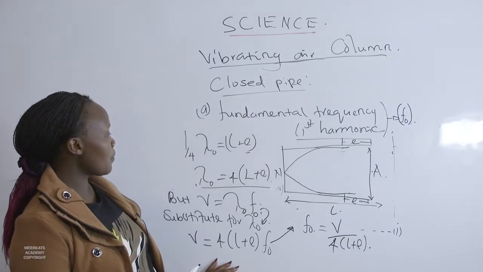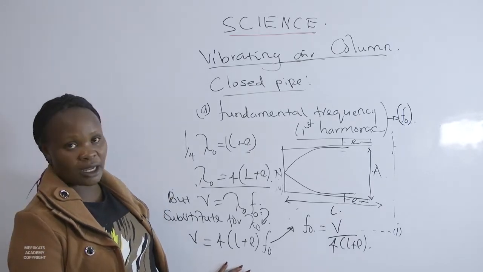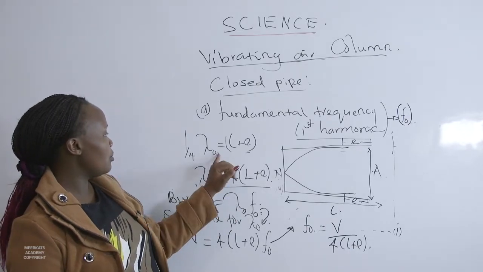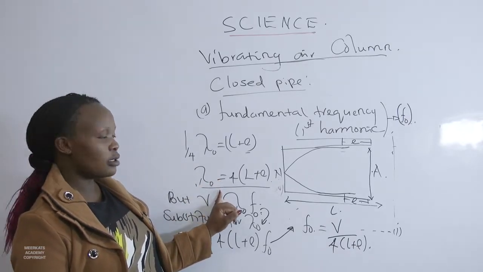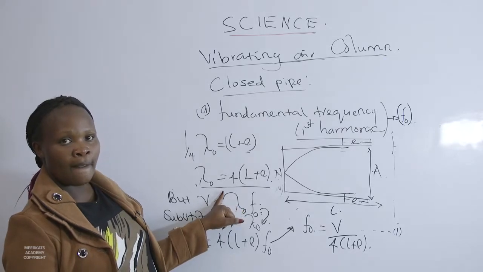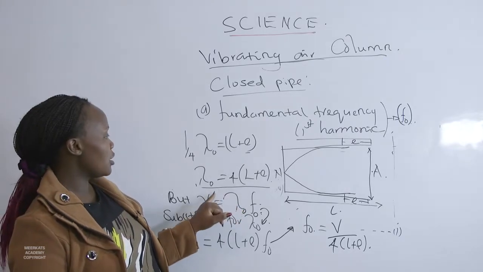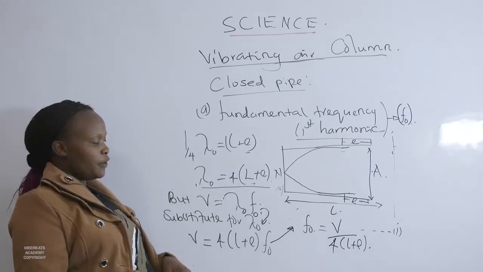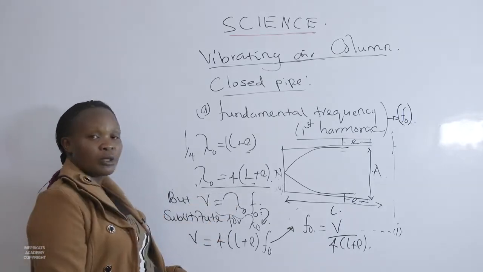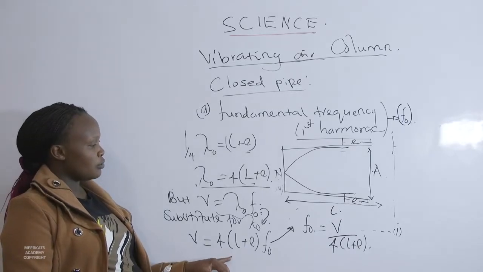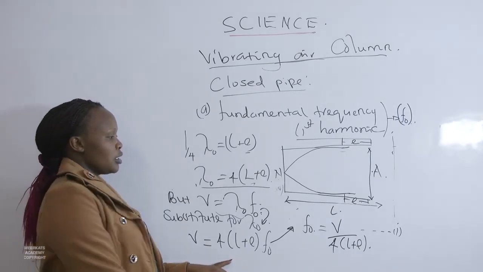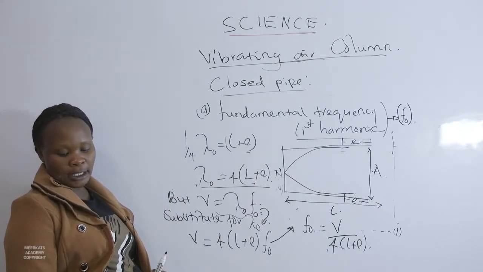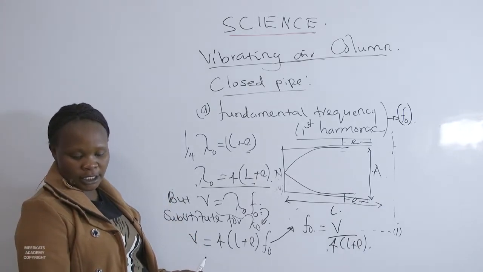And if that be the case, we can make fundamental wavelength the subject, and we come up with an expression of this nature, feed it into the relationship that we already have, and we can make F the subject, so that now fundamental frequency is of that nature.